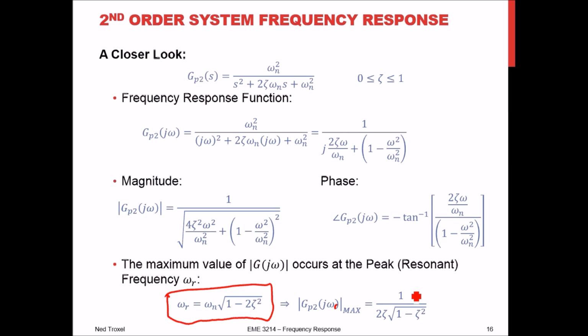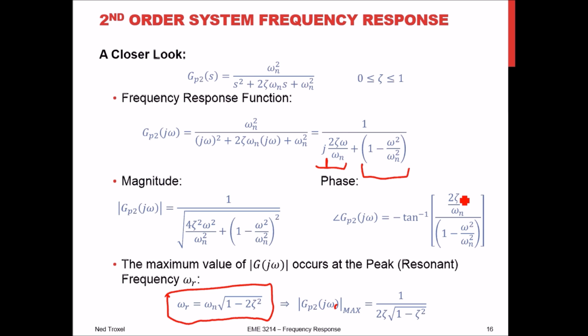And then of course when we plug in omega n, not omega r but omega n, this real part down here, here's the imaginary part. Actually, strictly without the j is the imaginary component. Okay. And here's the real part. The real part goes to 0 at omega n.